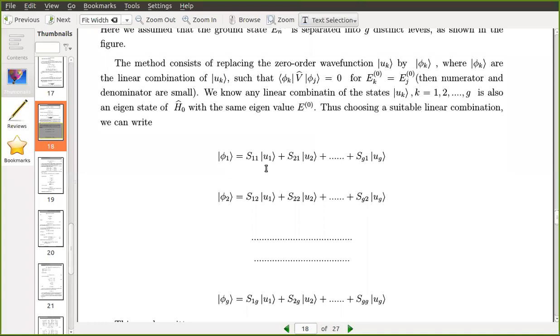The only matter is you find the proportion of these coefficients s11, s12, etc. of each of the degenerate eigenstates. If you take the coefficients properly, then phi 1 will also be normalized. So our task is to find these coefficients s.